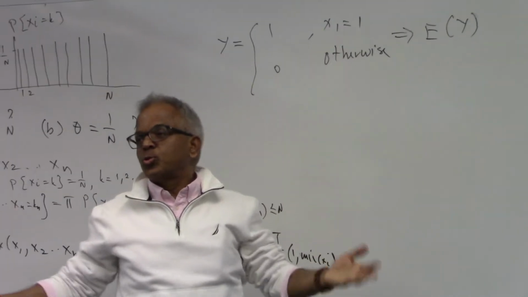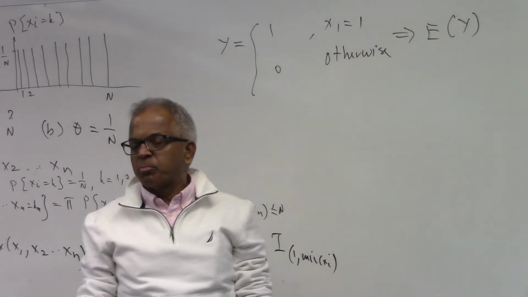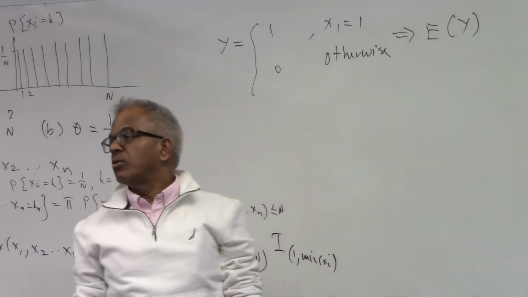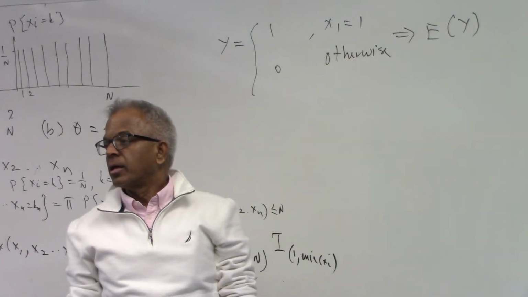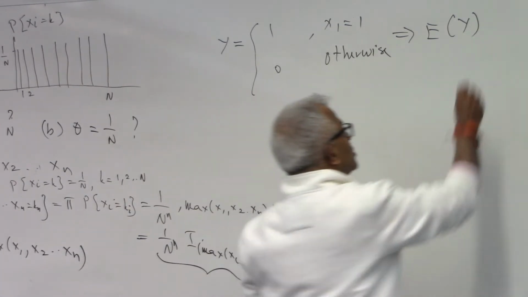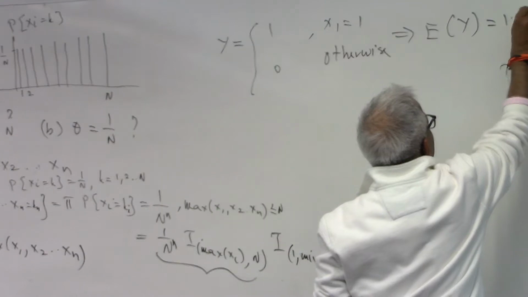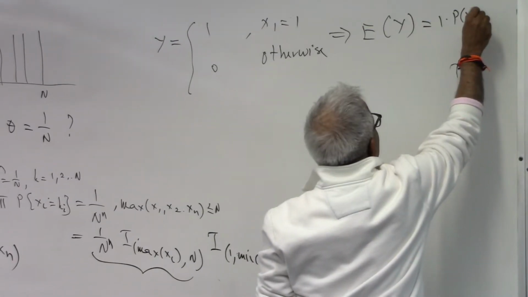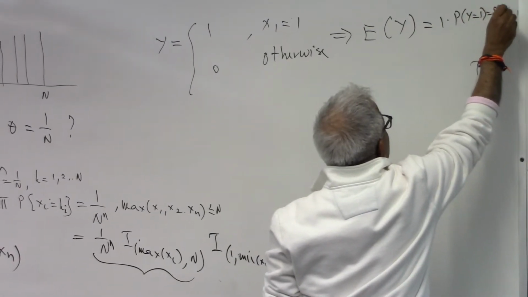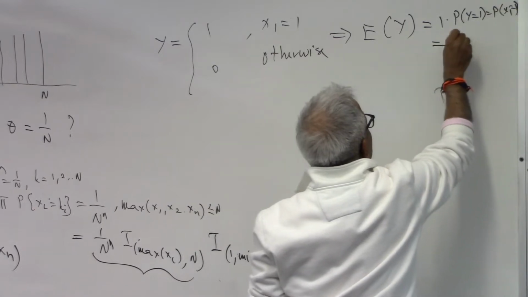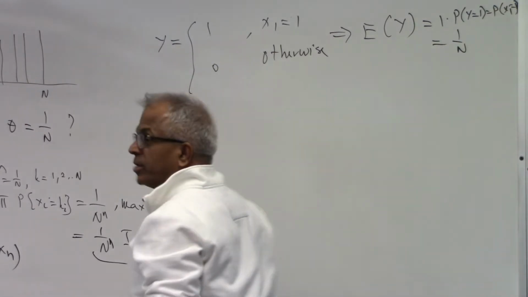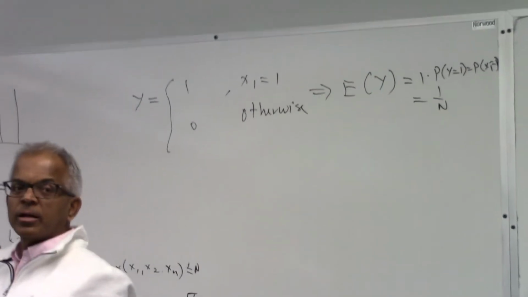If x1 is 223, y will be 0. That's perfectly fine. What's the expected value of y? The good thing is this is 1 multiplied by the probability of y equal to 1, which is the probability of x1 equal to 1, which is 1 over n. So we have an unbiased estimator for 1 over n.